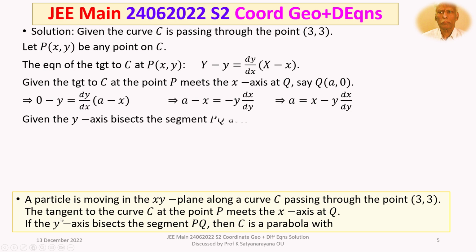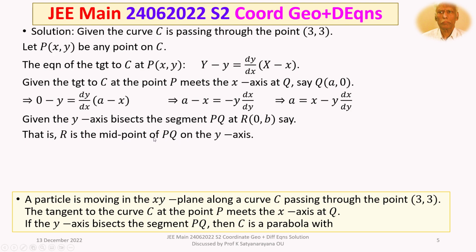It is further given that the y-axis bisects the line segment PQ, let us say at the point R (0, b) for some b. Because R is a point on the y-axis, its x-coordinate must be 0. So R is the midpoint of the line segment PQ.